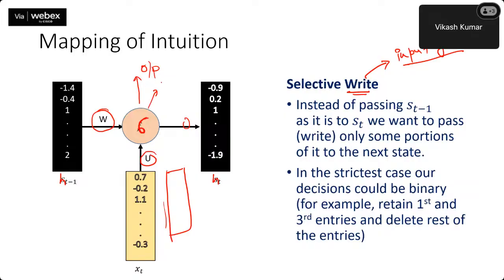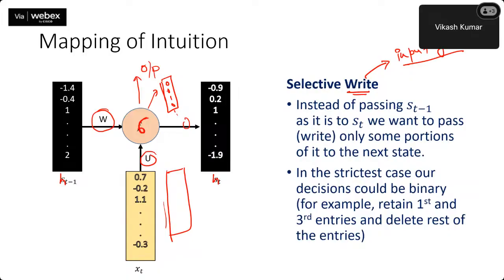We can have the entries for this one as 0 0 1 0, something like this. Wherever we want to take the input as it is, we can make it 1. Wherever we want to ignore the value from the previous state, we can make it 0.